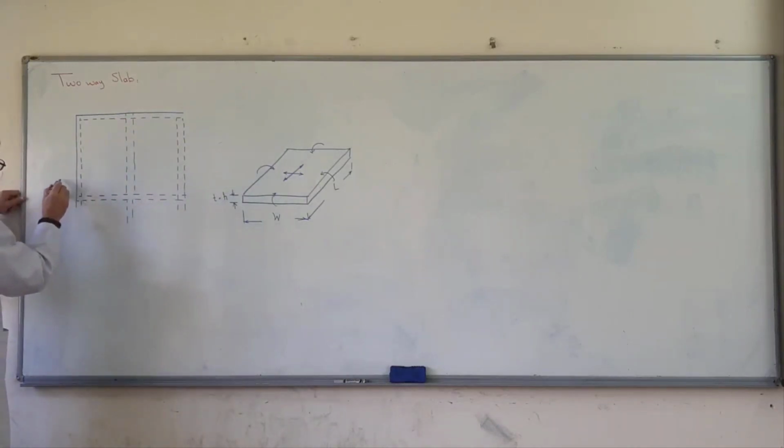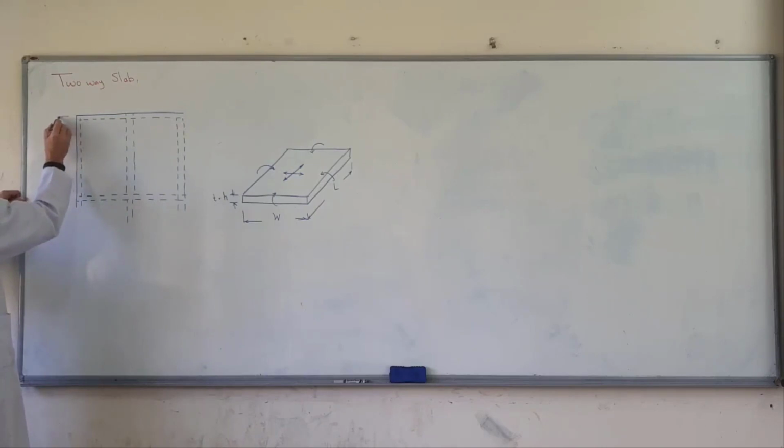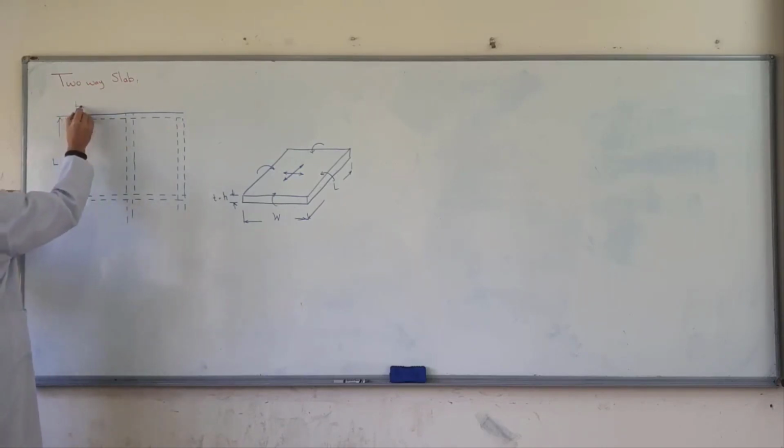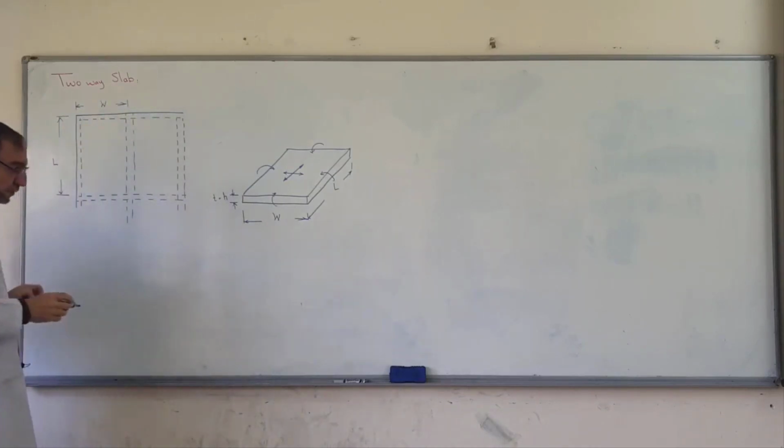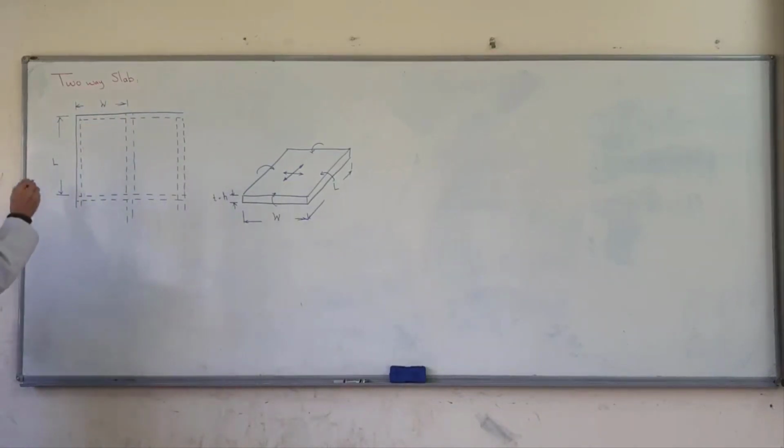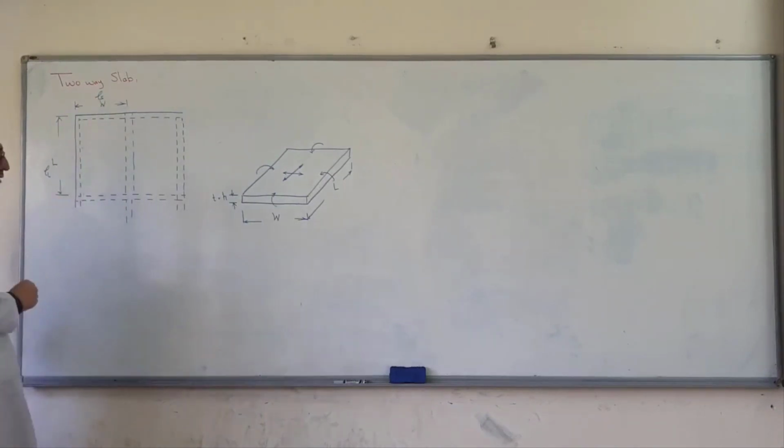This direction, the longer direction, we call it the long direction, L. While the other direction is short, we call it W, width. Sometimes we write L long or L short.